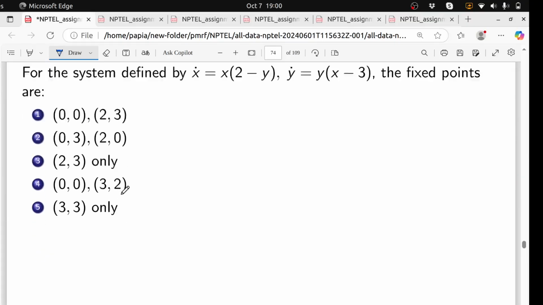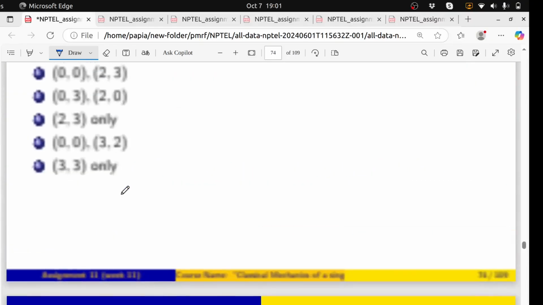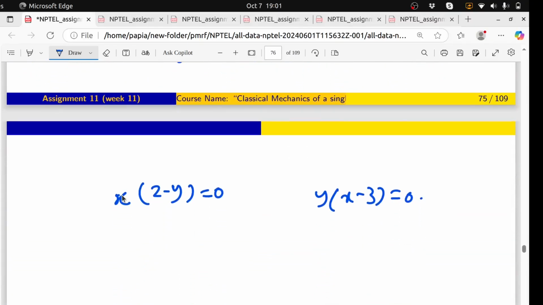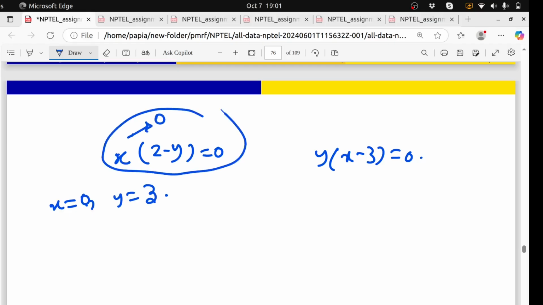Now (0, 3) and (2, 0). x(2 minus y) equals 0, y(x minus 3) equals 0. So what is the condition? Let me write here (0, 3). Is this the correct one? If x is 0, then we do not bother about the first factor.